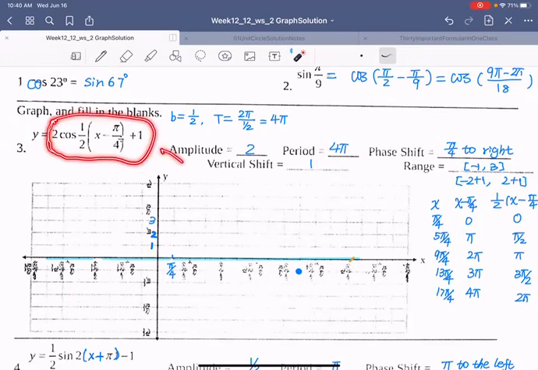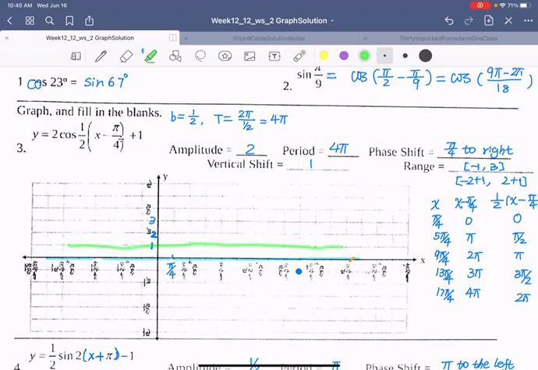So when we have to draw this by hand, we know something, okay? First, who is the midline? 1 is the midline, correct? 1 is the midline. And who is your highest value? Look at here.